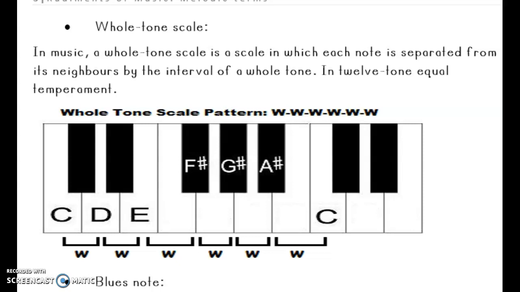I find that a lot in 20th century music. C to D is a whole tone, D to E is a whole tone, E to F sharp is a whole tone, F sharp to G sharp is a whole tone, G sharp to A sharp is a whole tone, and then A sharp to C is a whole tone. That's the whole tone scale.